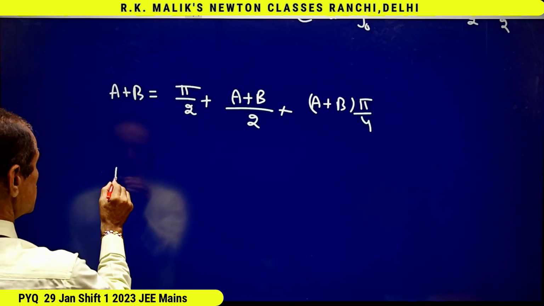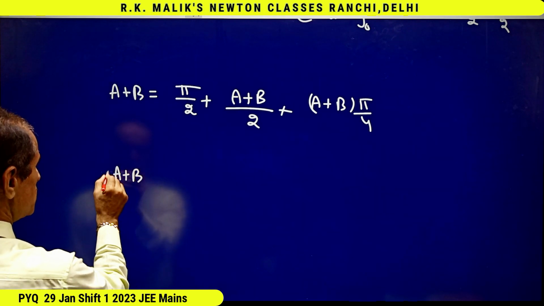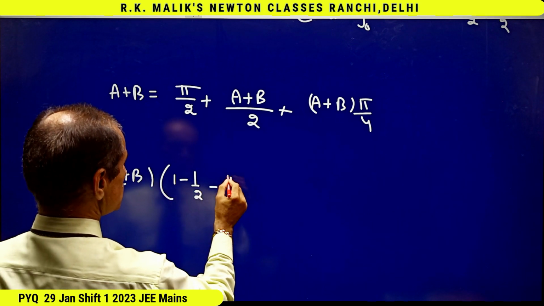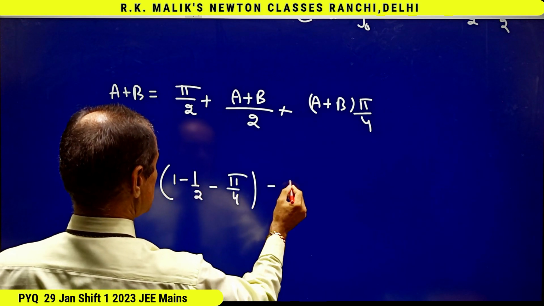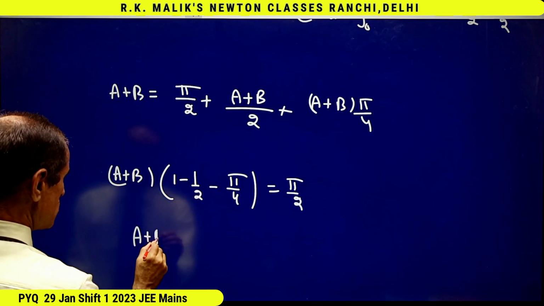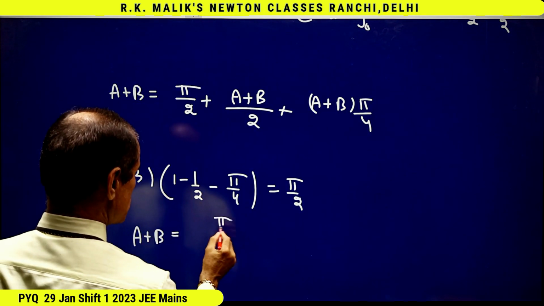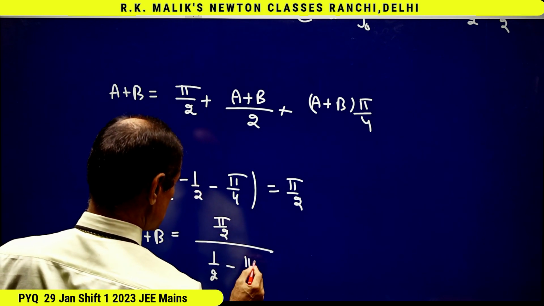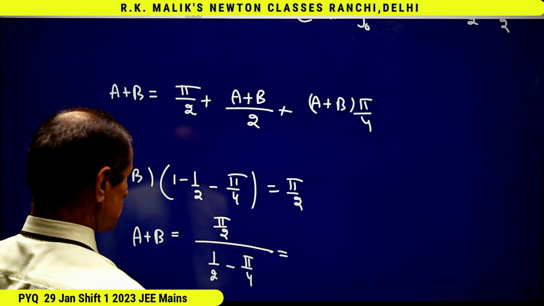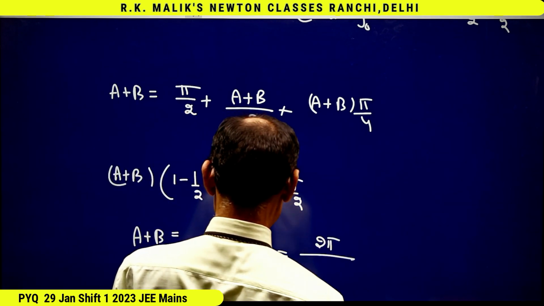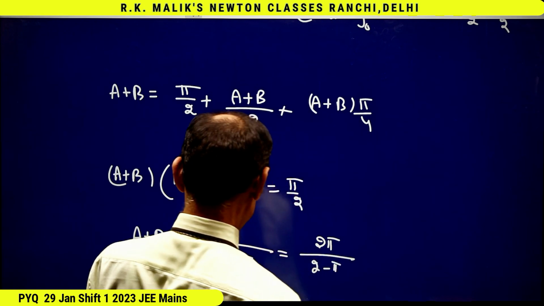That is, I get a plus b into 1 minus 1 by 2 minus pi by 4 equal to pi by 2. That is, a plus b is equal to pi by 2 upon 1 by 2 minus pi by 4, is equal to 2 pi upon 2 minus pi.